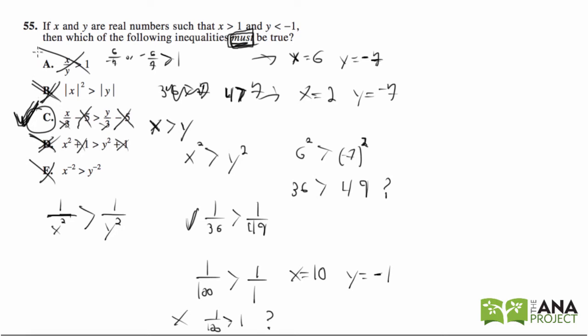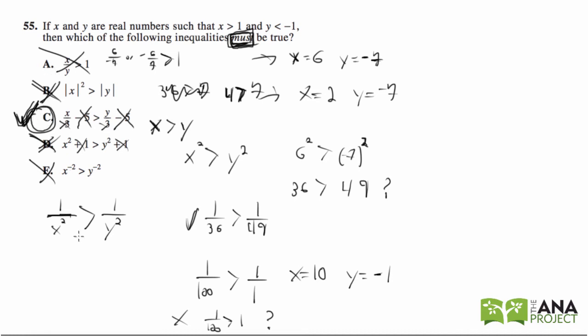So anyways, a complicated problem, we can always experiment with numbers and get the right answer. In this case, we have to experiment with different numbers because of the word must be true. So here's another example of picking numbers.